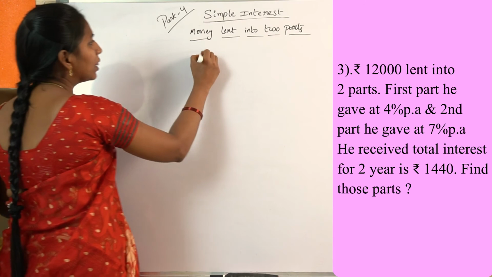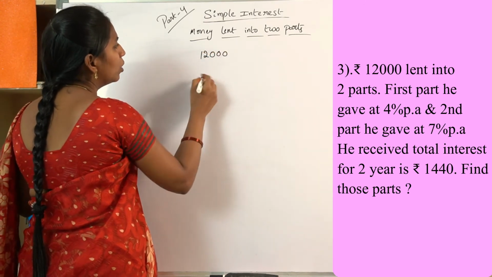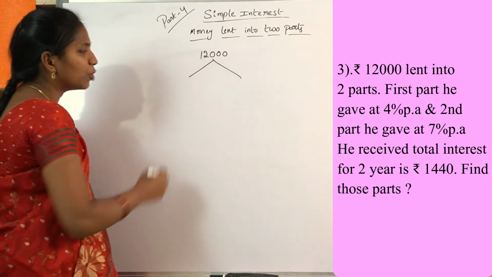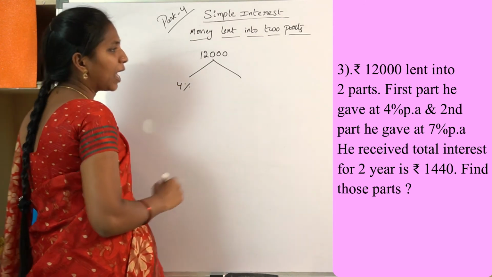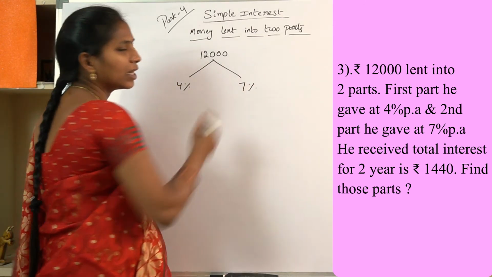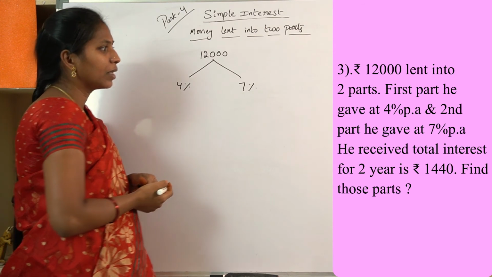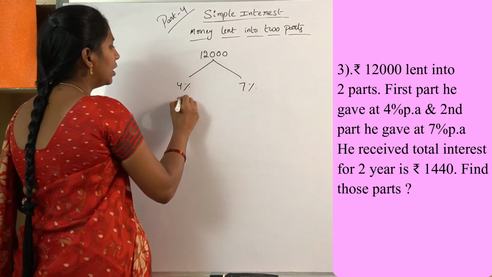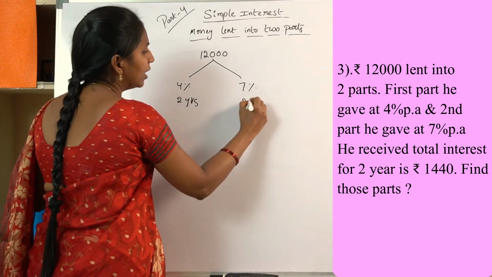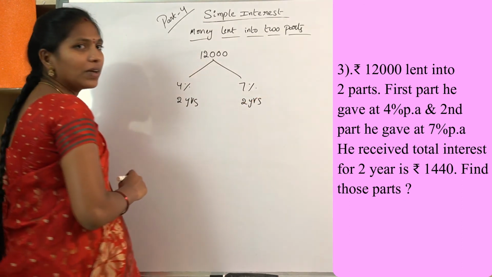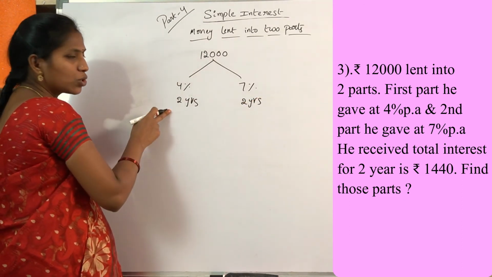Now see, 12,000 rupees lent into two parts. First part he gave it at 4% per annum and second part he gave it at 7% per annum for 2 years. So here 2 years and again here also 2 years. Now first of all multiply these two.